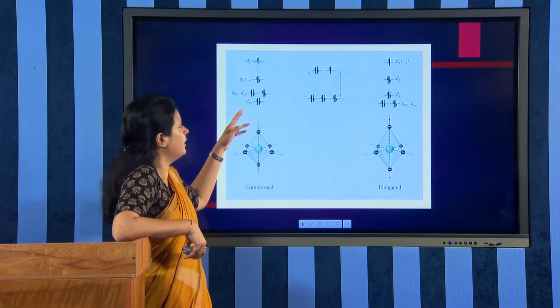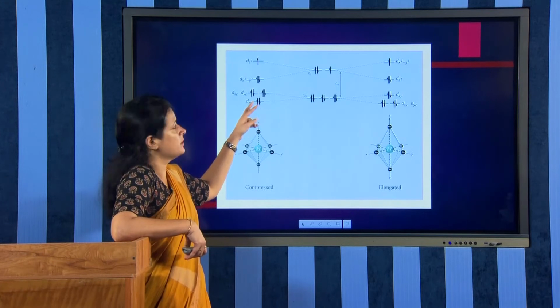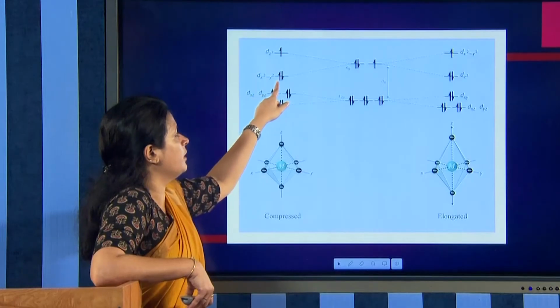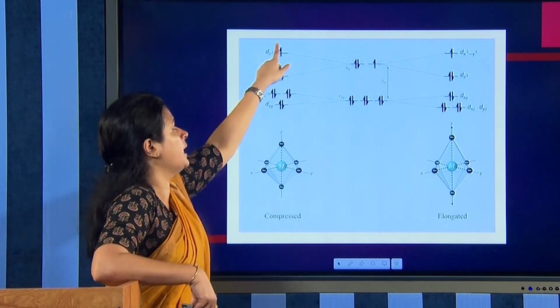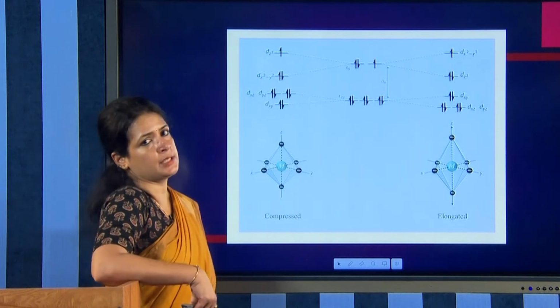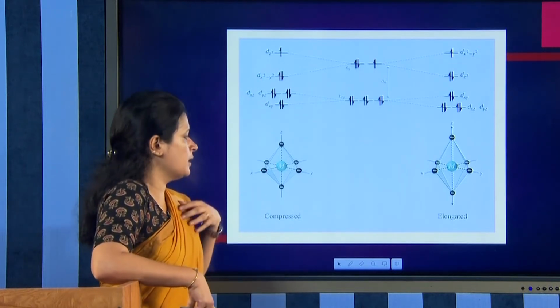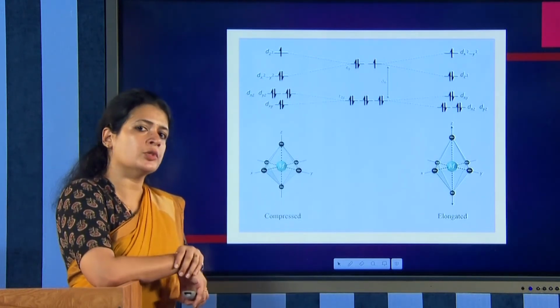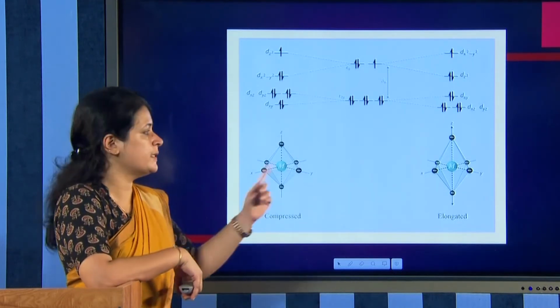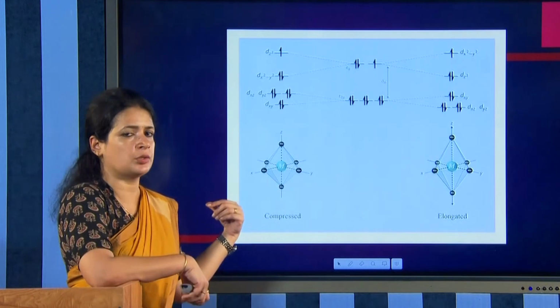When electrons are being filled, after 6 electrons in the T2G, the 7th will be in the dx square minus y square, the 8th in the dz square, and the 9th will occupy the lower energy dx square minus y square. And so, tetragonal compression is also called Z in distortion. So, we have two types of distortion, Z out and Z in distortion.